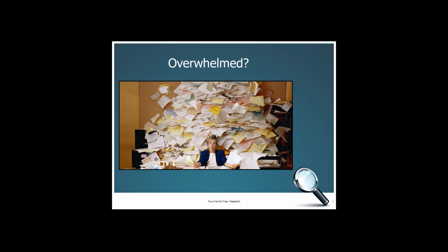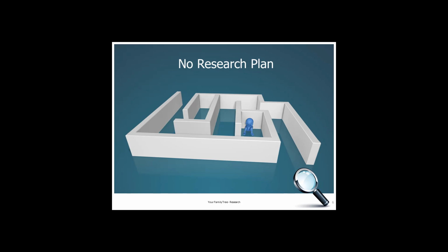This can get out of control and overwhelm you. No research plan? If you have no research plan, you can easily get lost. Check out our video titled Your Family Tree Getting Started for an example on how to develop a research plan. A research plan will keep you focused and on track.